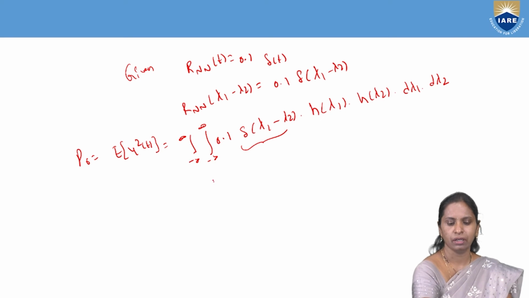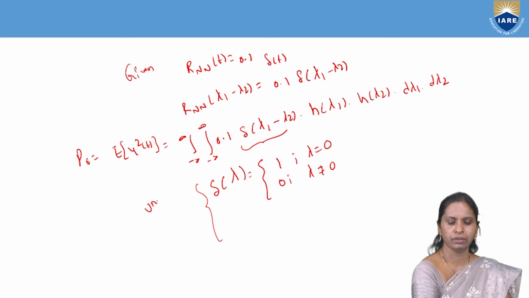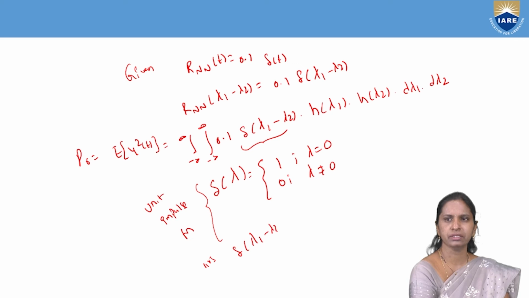It is called the unit impulse function. How do you define the unit impulse function? Del of lambda is equal to 1 when lambda equals 0, and 0 when lambda is not equal to 0. This is the definition of the unit impulse function. Similarly, del of lambda 1 minus lambda 2 is defined only at the origin.